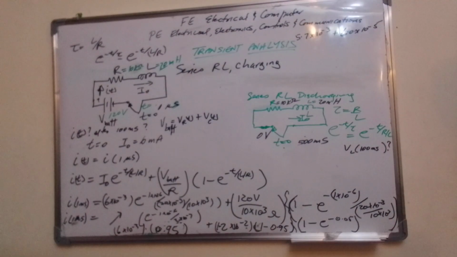It is what it is. It becomes 6.10 times 10 to the minus 5. Well, if you add those two plus 0.0057, 1, 2, 3.